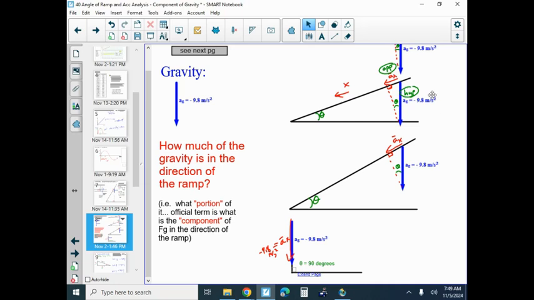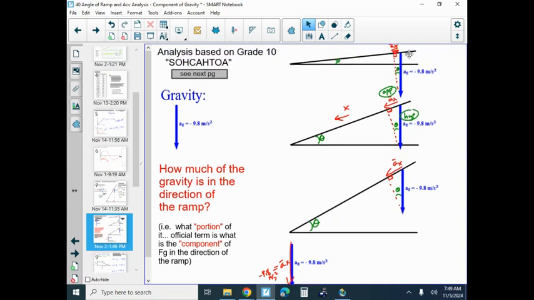So what we have is this gravity acceleration of 9.8 down all the time, the blue arrow, right? What I'm trying to make obvious to you is that the acceleration down the ramp is the component of the acceleration.